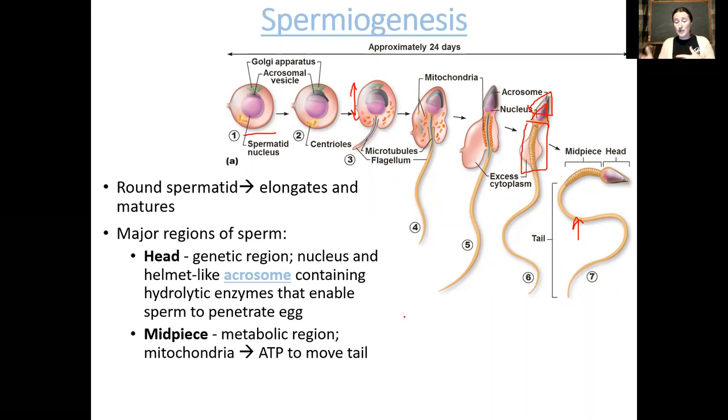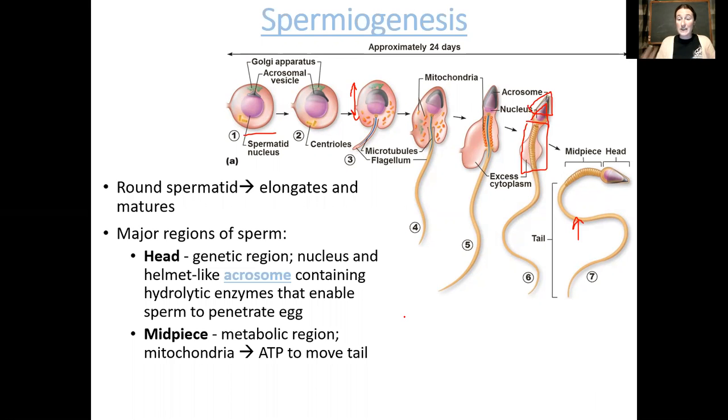So there are some nutrients in semen itself that can nourish the sperm, but for the most part, the sperm is not going to stop and order breakfast. It has to be equipped with as much energy as it needs to swim with all its might for up to 5 days.